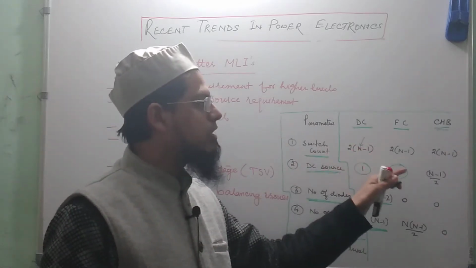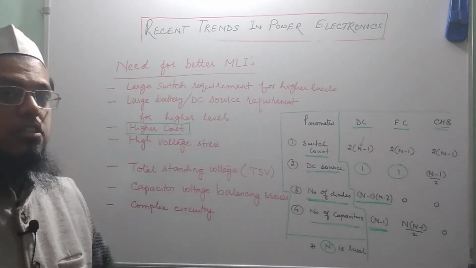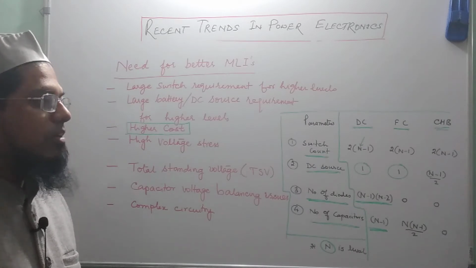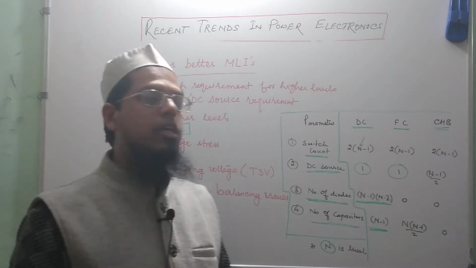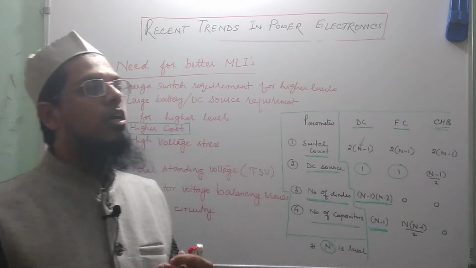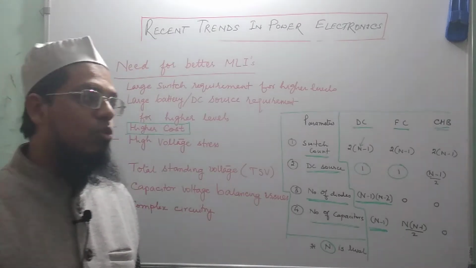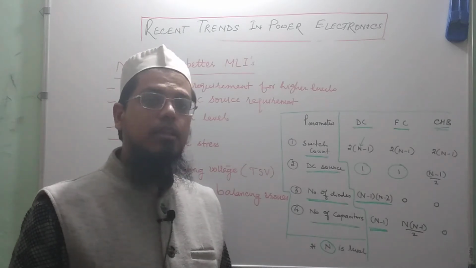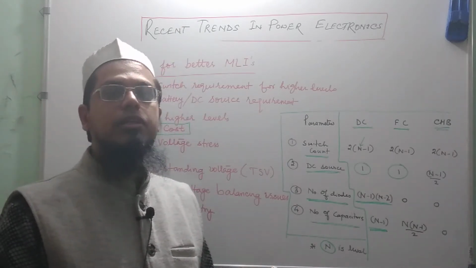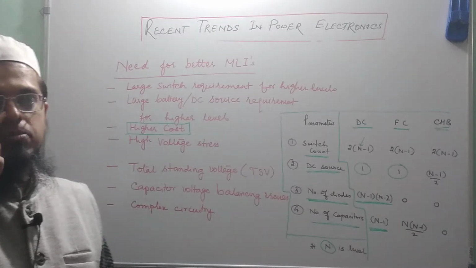As the number of switches increases, and the number of DC supplies, especially the DC supply, increases, it is quite costly. Say we are operating using a battery, the battery is quite costly. Moreover, it requires maintenance. And the third thing, it has a life period of say 4 or 5 years, and it has to be replaced.